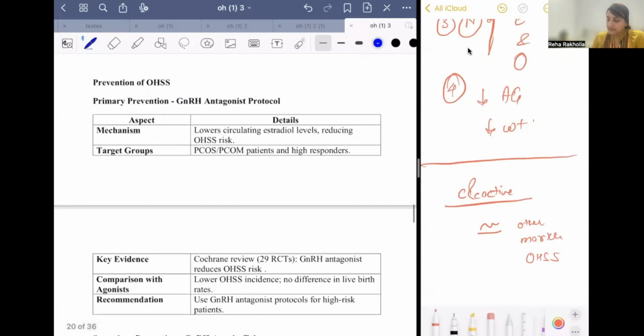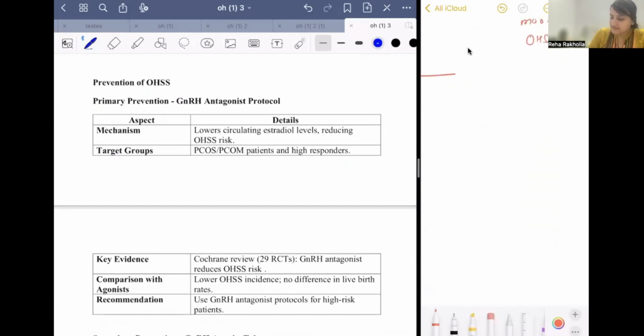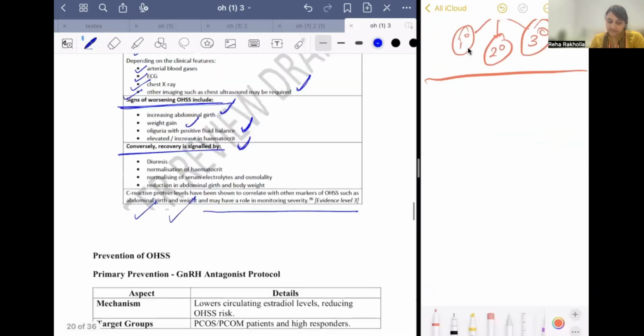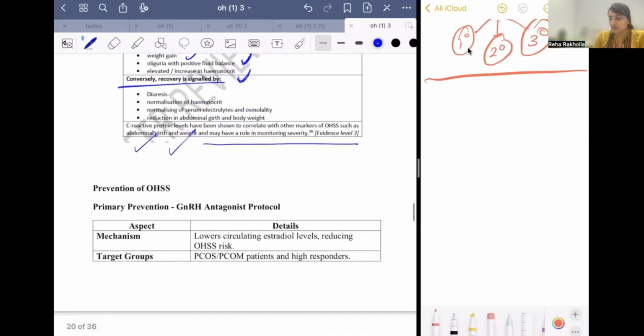Okay. Now we'll talk about prevention of OHSS. To understand the prevention and management of OHSS, we'll have to look into some points. Basically, three points: primary prevention, secondary prevention, and tertiary prevention. Okay. So OHSS is a potential complication of fertility treatment, particularly IVF, where excess ovarian stimulation leads to the leakage of fluid into the abdominal cavity, and other complications may occur.